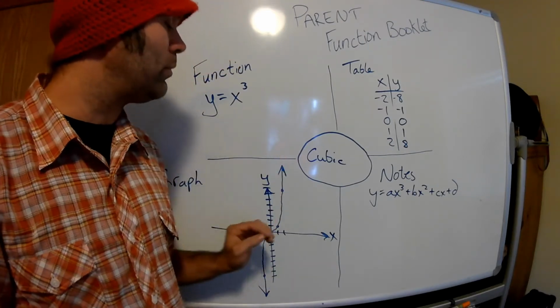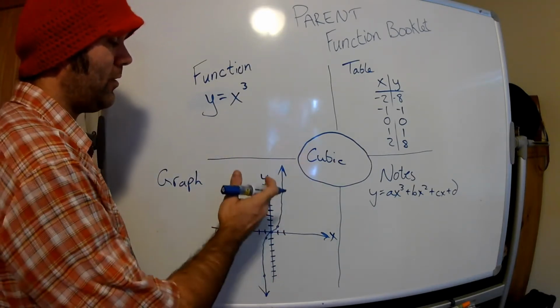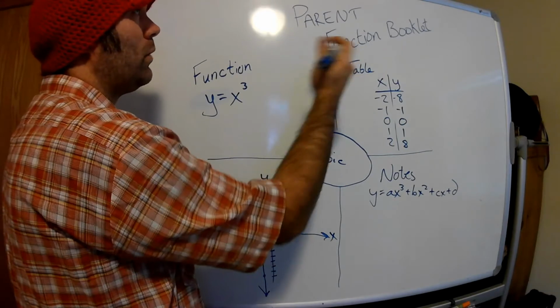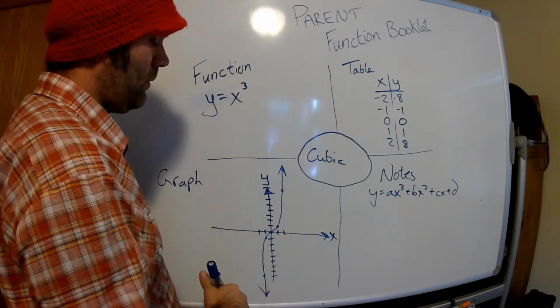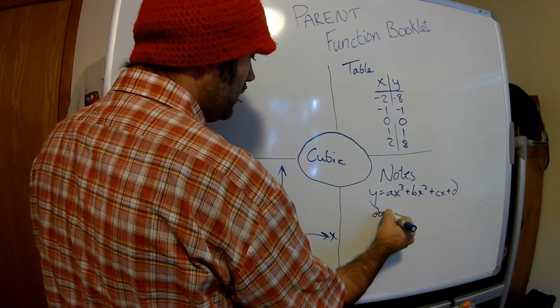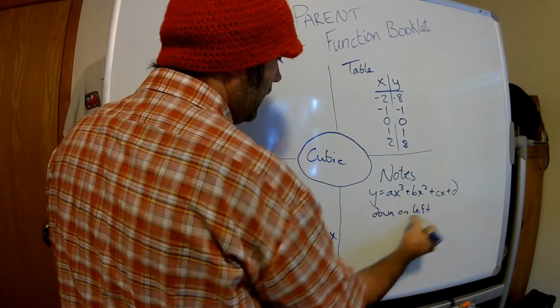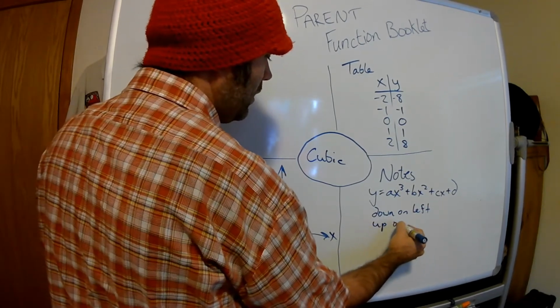As we're going up, we are going to the right forever. It's just that it takes a lot more up to go right a little bit. So again, we're going down on the left, and we're going up on the right.